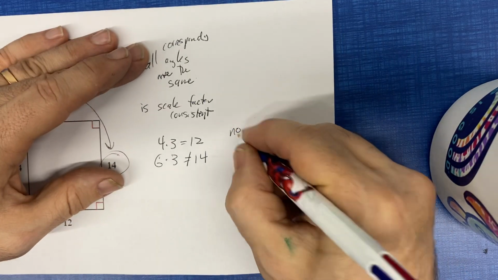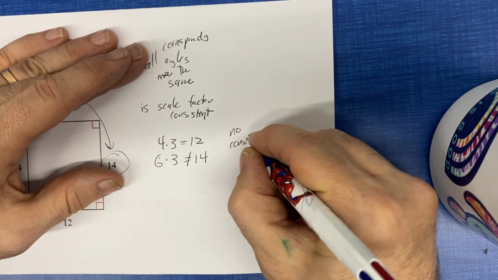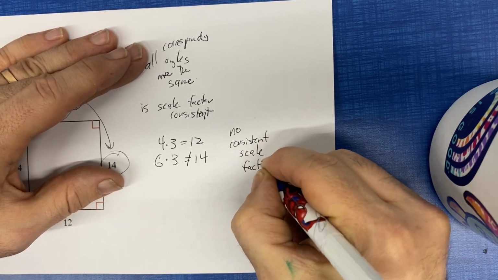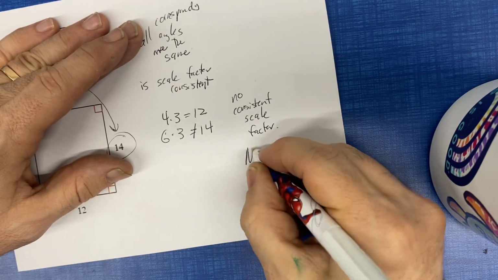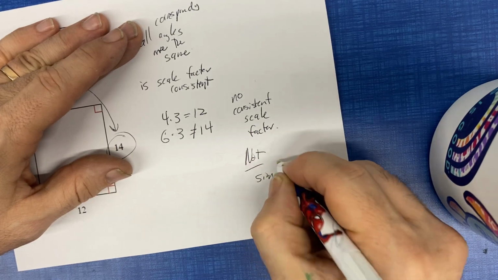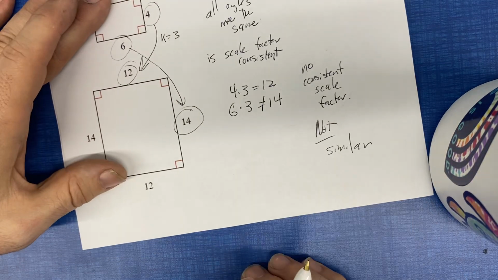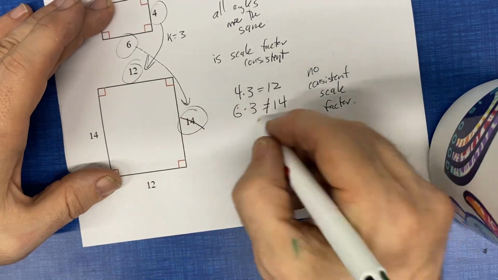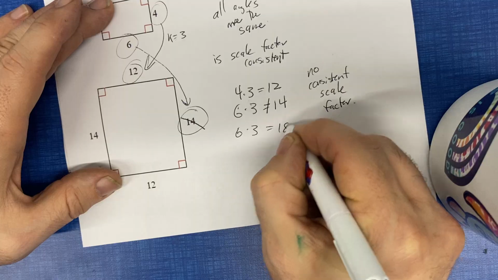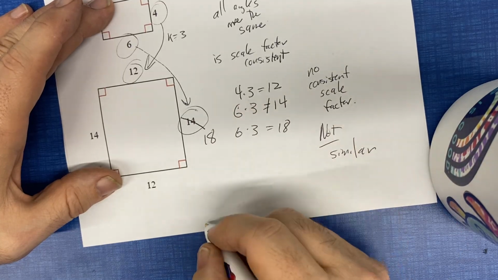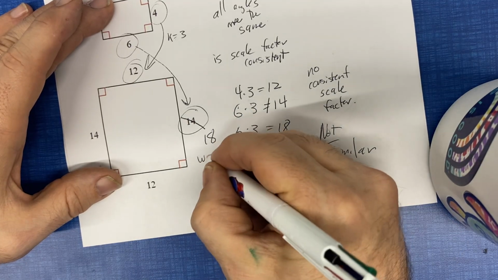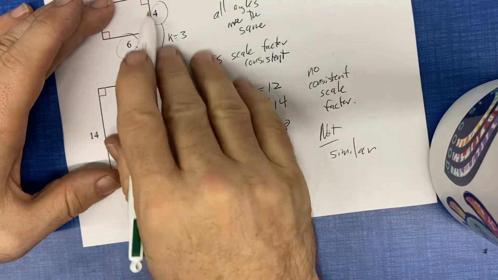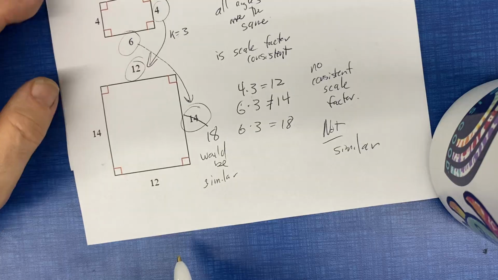So no consistent scale factor. So not similar. If we were finding a similar shape, instead of 14, it would be 18. So if this were 18, then it would be similar, because the scale factor would work on all corresponding sides.